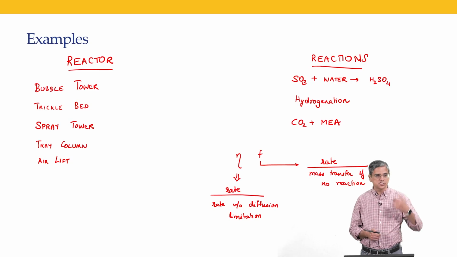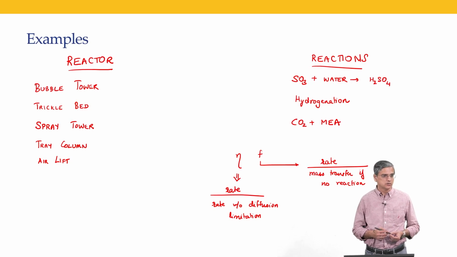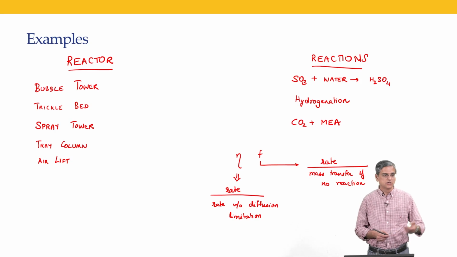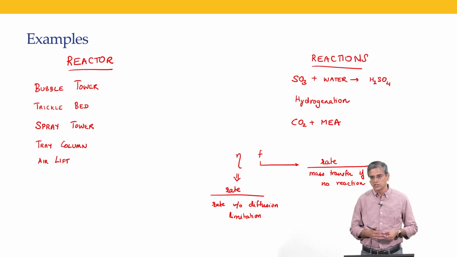So, for example, CO2 will dissolve in water, or CO2 will also dissolve in monoethanolamine. If it dissolves in water, it remains as CO2 or H2CO3 or HCO3 minus, that is how it actually stays in water.